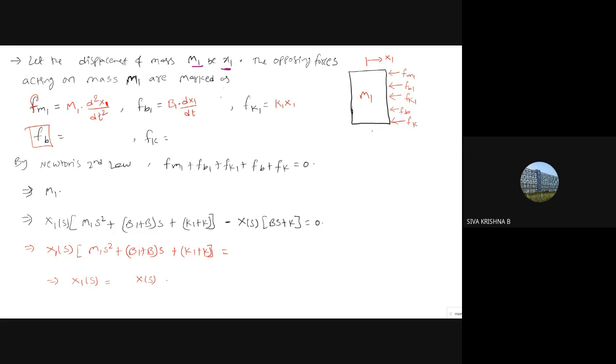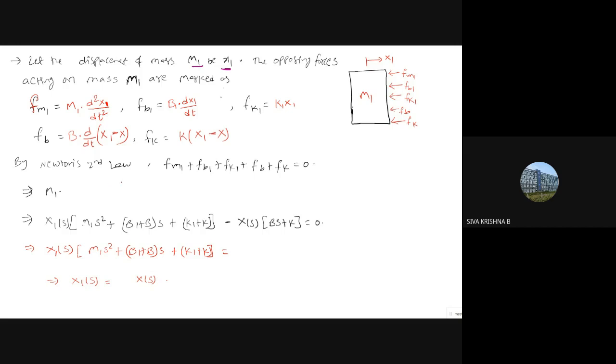We are treating m1 as the reference, so how to write displacement here? x1 minus x. In terms of displacement, we have to write it now. So b into d by dt of x1 minus x. Similarly, what about Fk? K into x1 minus x. Yes, that's enough. Thank you.